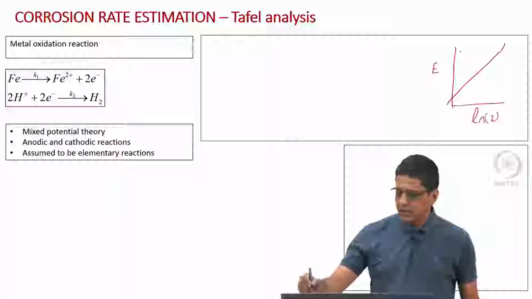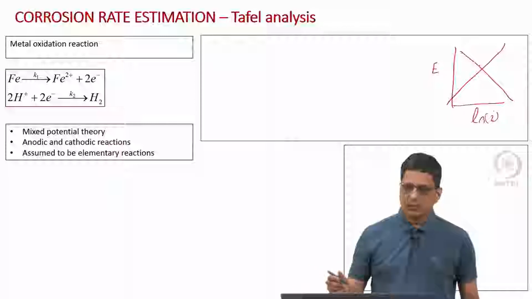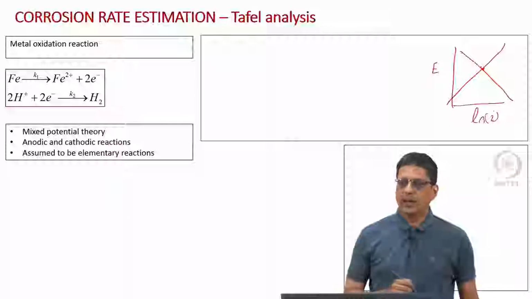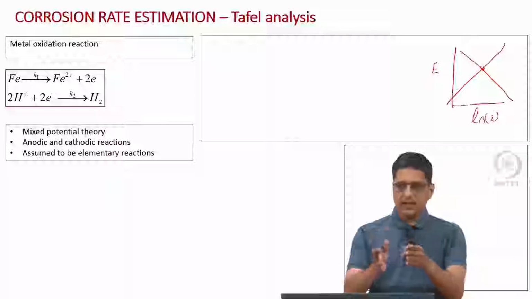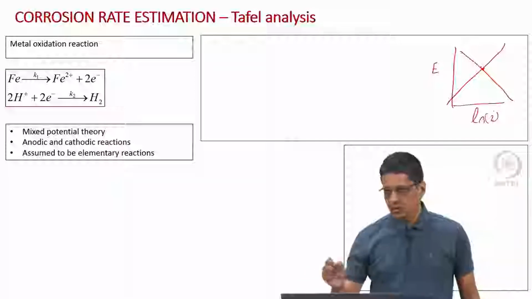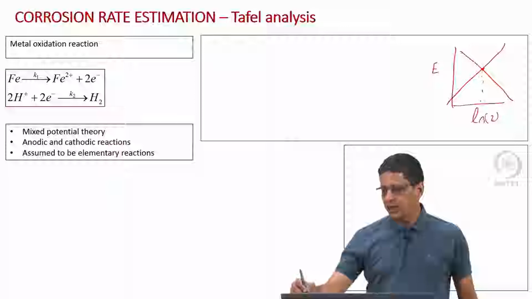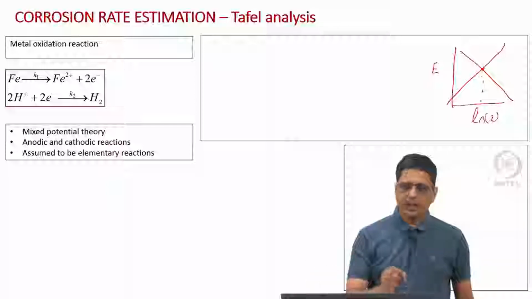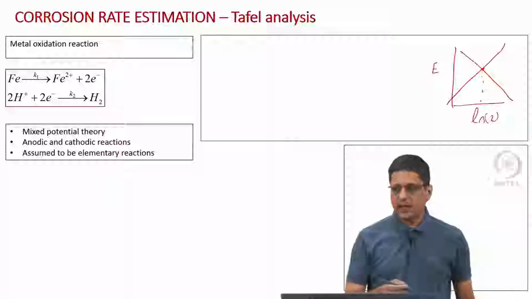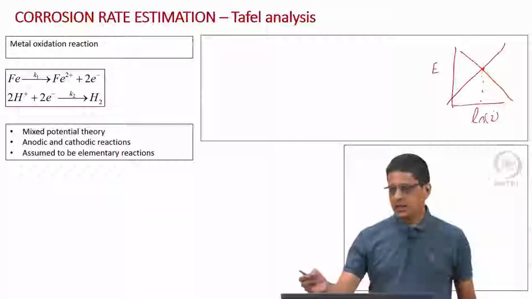If I take only the cathodic reaction, it will be a straight line, but with a negative slope, and at this location both of them will have the same rate. So, if I put iron in HCl, then I would get corrosion given by this location where cathodic and anodic reactions are equal in magnitude, opposite in sign of course. And this is called mixed potential theory.